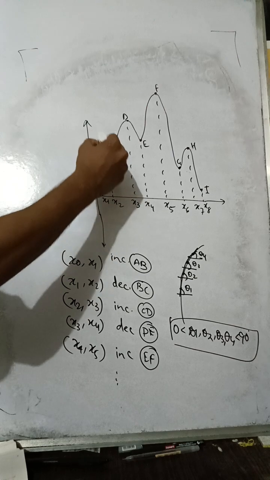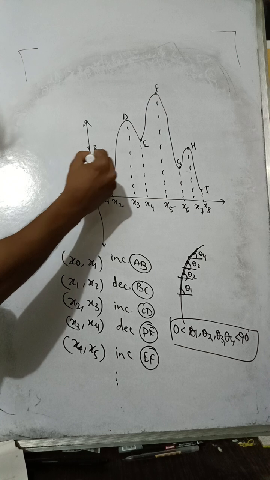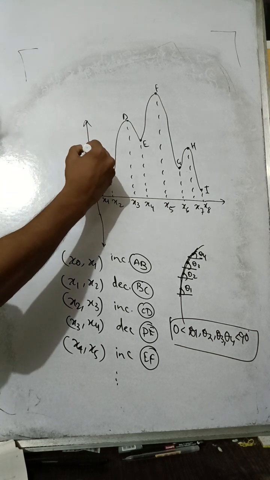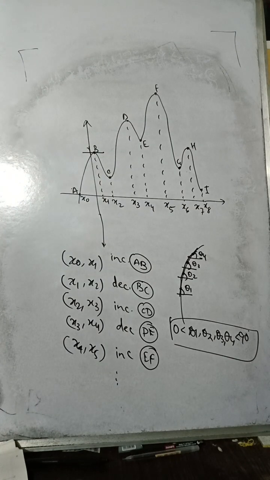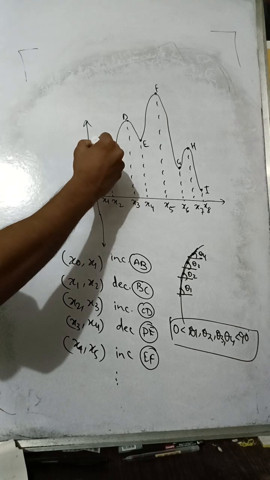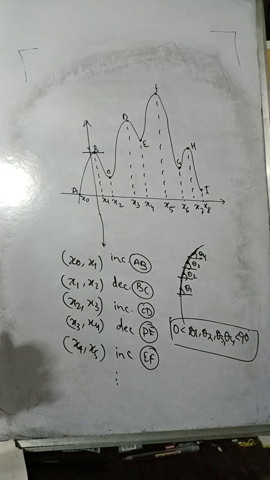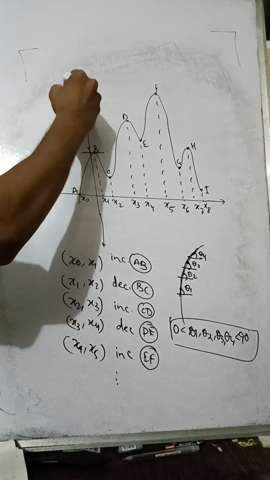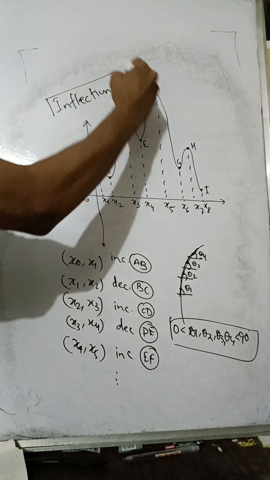Again, BC is behaving like a decreasing function. So between an increasing function and a decreasing function, there is a point at B where the tangent is exactly parallel to the x-axis, right? This point is called a point of inflection. We will go through what a point of inflection is, but you can say that B is the point of inflection. Okay. So what is an inflection point?